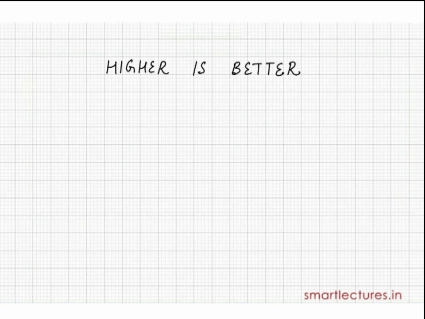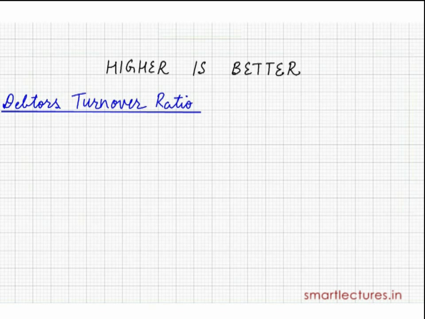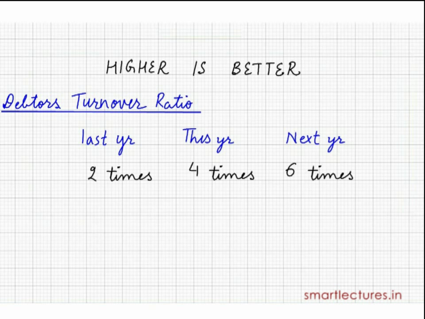Higher is better. I mean to say, if your debtors turnover ratio is going higher, this is good for the company. For example, last year debtors turnover ratio was 2 times. Now it is 4 times. And next year it is 6 times. What does it mean?